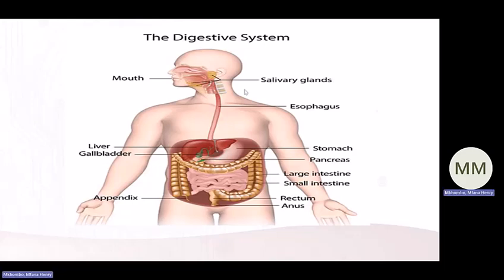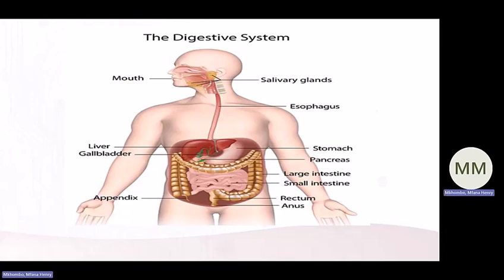And then the accessory organs include the salivary glands, the esophagus, the liver, the gallbladder, the stomach, pancreas, the intestine, appendix, as well as the rectum. This system operates together to make sure that humans acquire their nutrients for all the living processes.